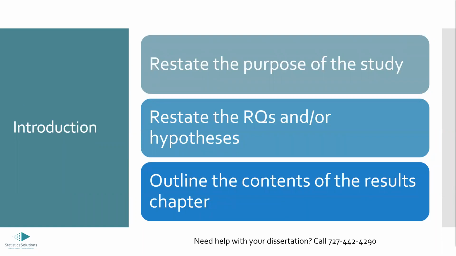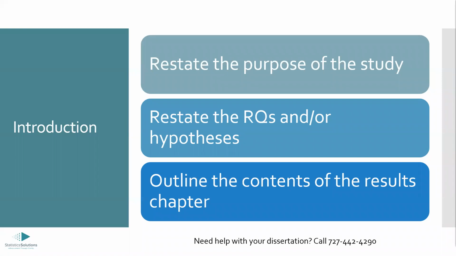So now let's start to talk about the different components of the chapter. And like most chapters in the dissertation, the results chapter will start with a brief introduction where you restate the purpose of your study, as well as your research questions and hypotheses, and then outline the contents of the results chapter.